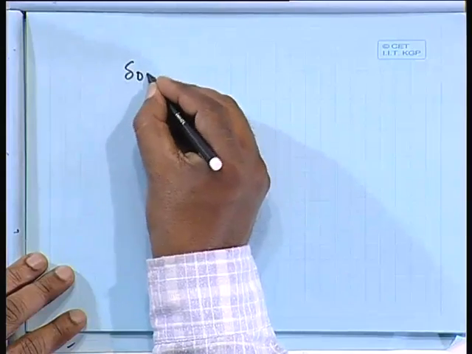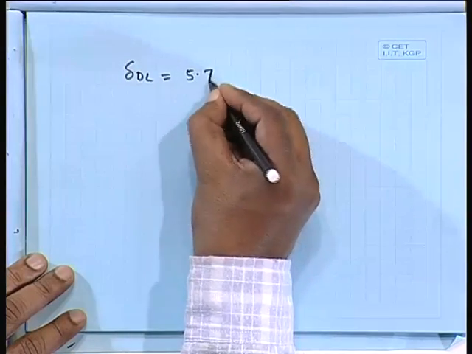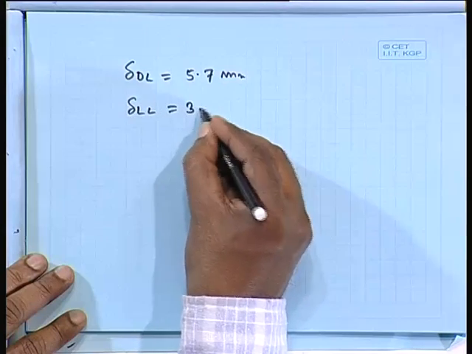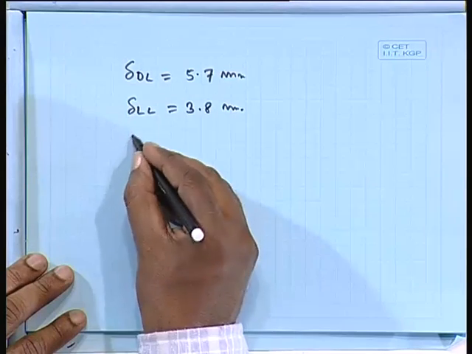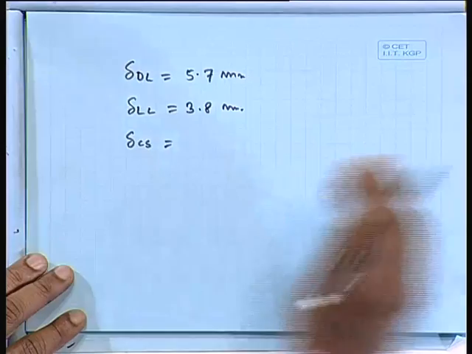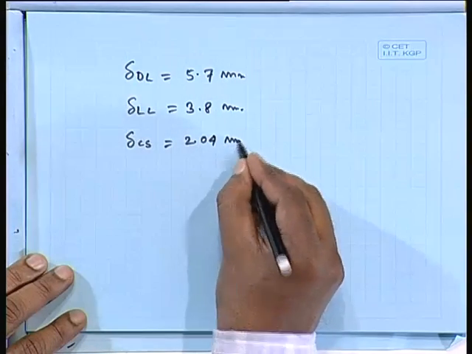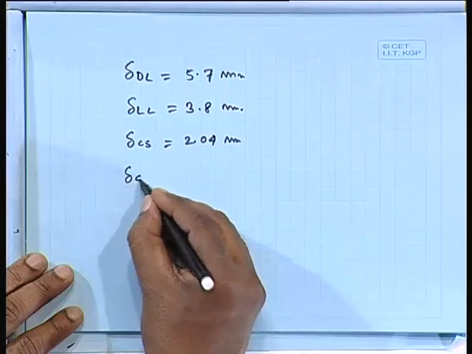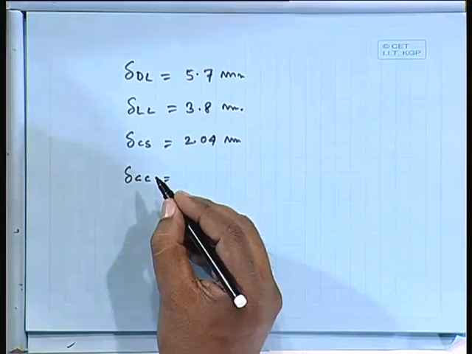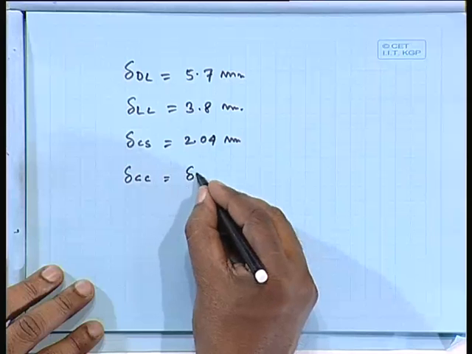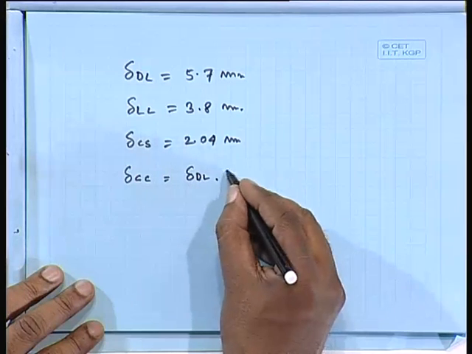Okay. So, delta DL due to dead load 5.7 millimeter, delta live load 3.8 millimeter, delta shrinkage 2.04 millimeter, and delta creep we shall get as delta DL times theta.